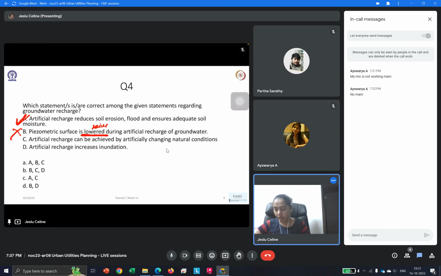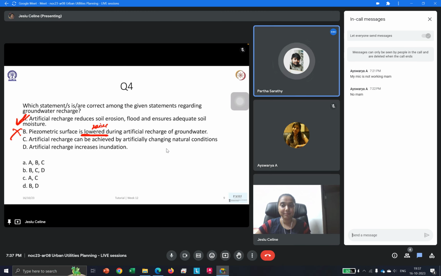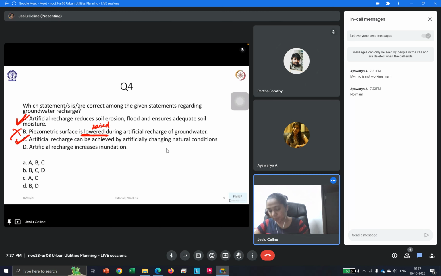Now option C, artificial recharge can be achieved by artificially changing natural conditions. Is it correct? Yes, ma'am, we can. So this is the whole principle of artificial recharge.